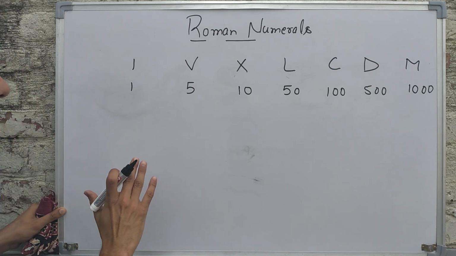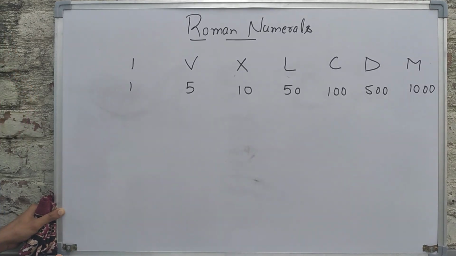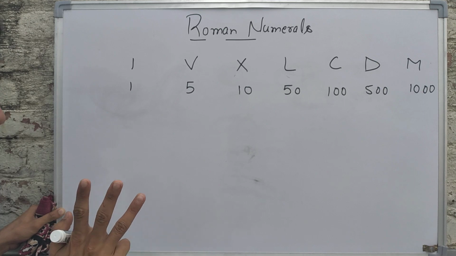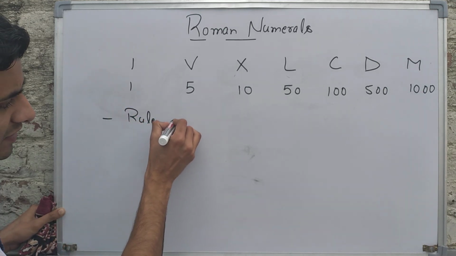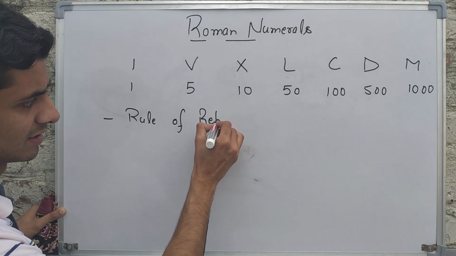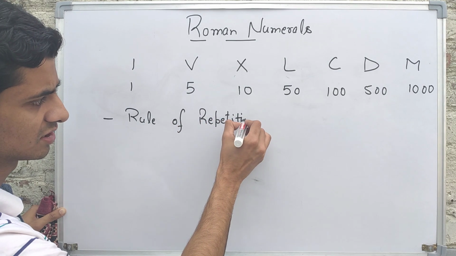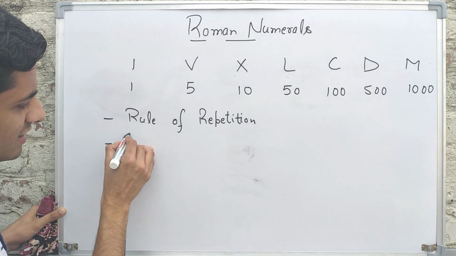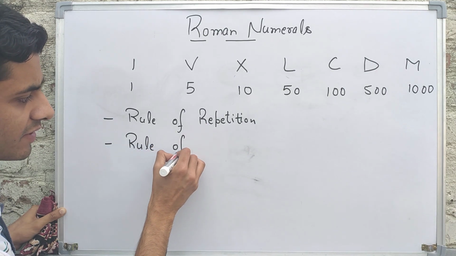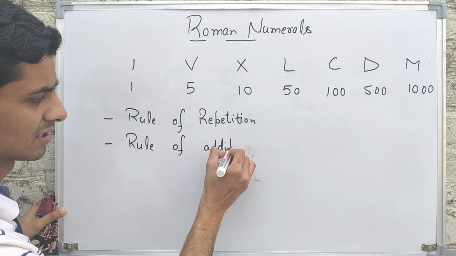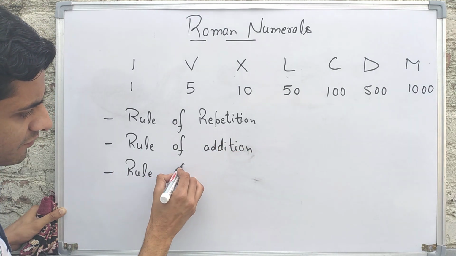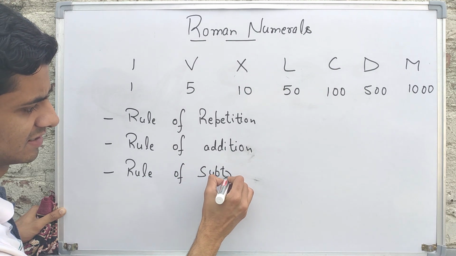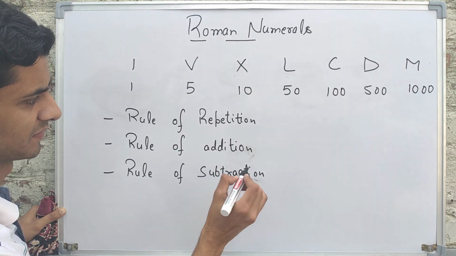Now, there are some rules for writing these numerals, and these are 3 rules: the rule of repetition, the second one is the rule of addition, and the third one is the rule of subtraction.